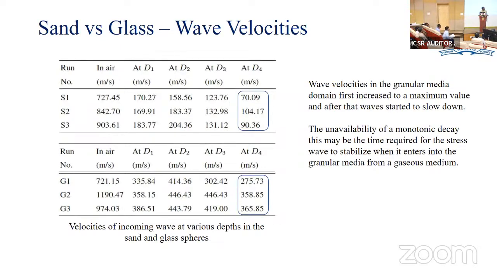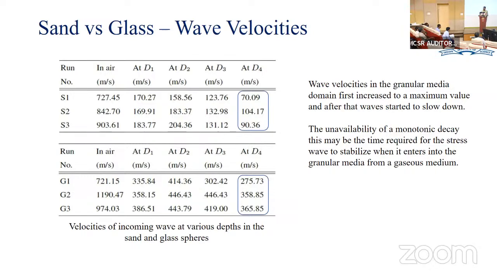Oh, no, it is the run number. The sensor locations are D1, D2, D3, and D4, inside the sand, inside the granular media to be precise. Interesting, because it is going from 721 to 1190, and then coming back to 974.